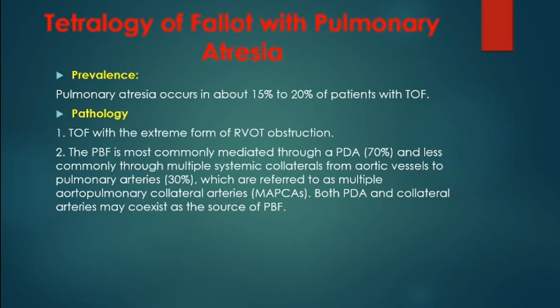So the pulmonary blood flow is only mediated through a patent ductus arteriosus in 70% of cases, and less commonly there are what we call multiple aortopulmonary collaterals, which are collaterals between the aortic vessels and the pulmonary arteries that keep blood flow to the pulmonary arteries.